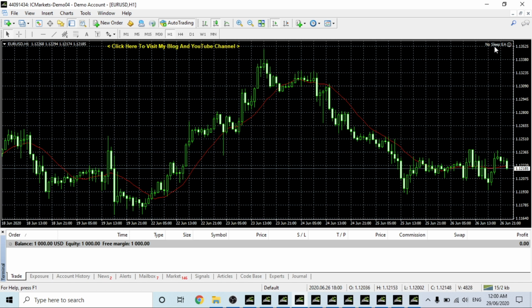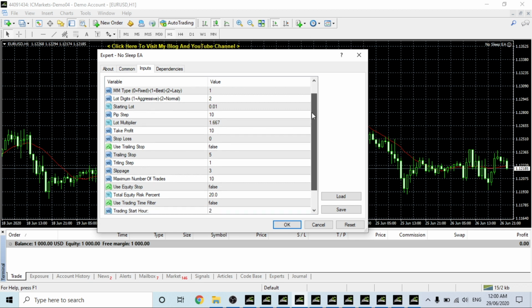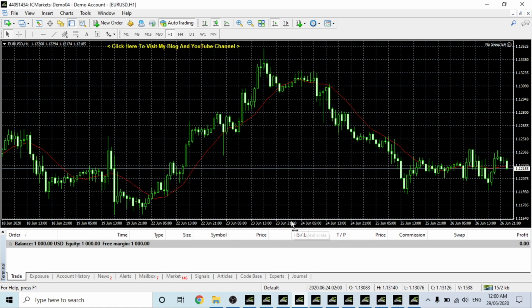But currently it is running default settings. Use pips not points. So everything here is all default. Starting lot 0.01. Actually, did I change it? Yes. All I did was change the starting lot to 0.01. That's all I did there. But otherwise, everything else is all default.